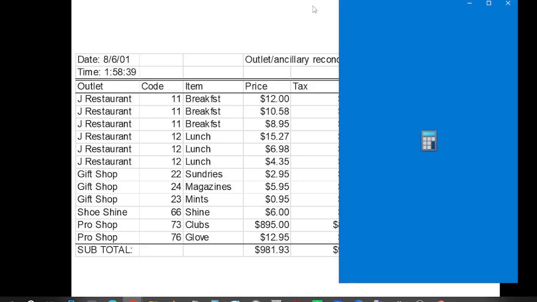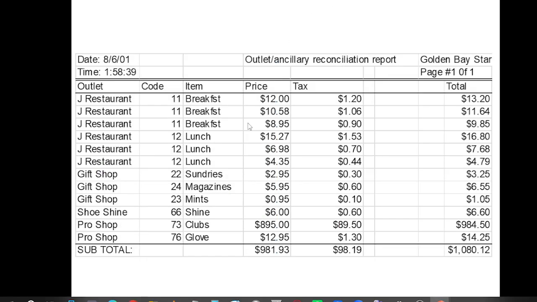Same with lunch. For the lunch items you'll just need to add $15.27, $6.98, and $4.35, so a total of $29 and something for the three items with the three prices.